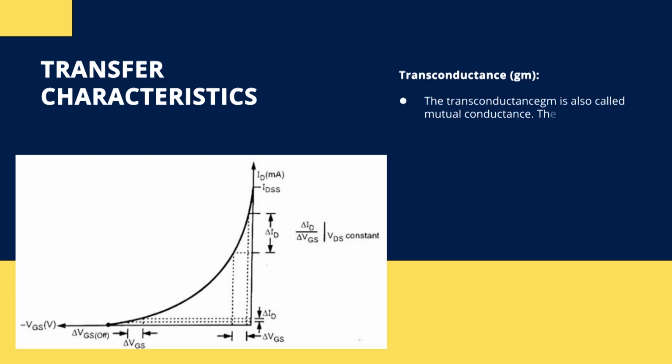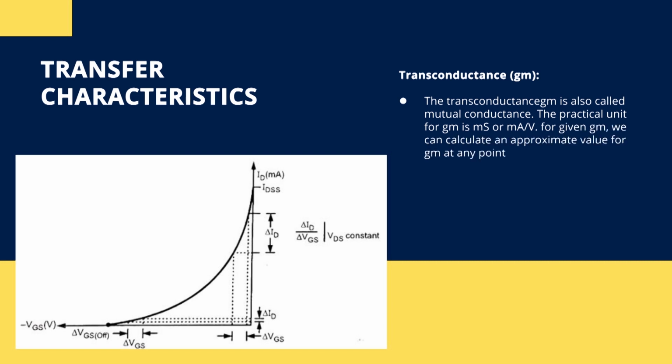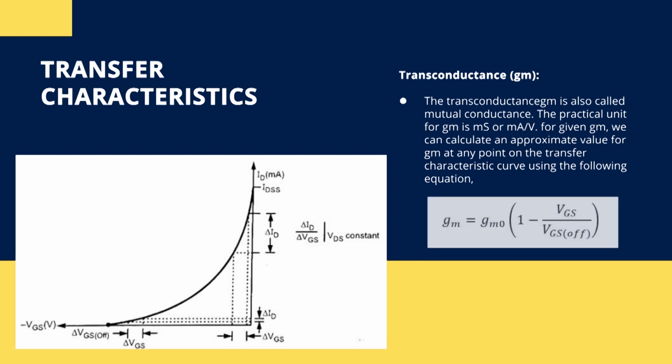Transconductance is also known as mutual conductance. The practical unit for GM is millisiemens or milliampere per volt. For a given value of GM, we can calculate an appropriate value of GM at any point on the transfer characteristics using this equation.